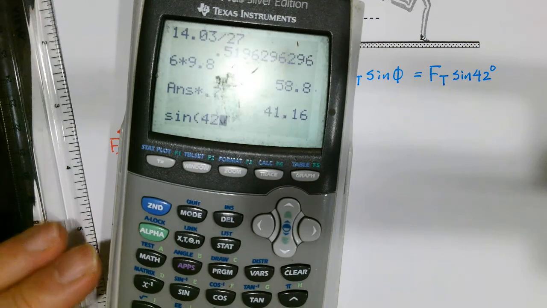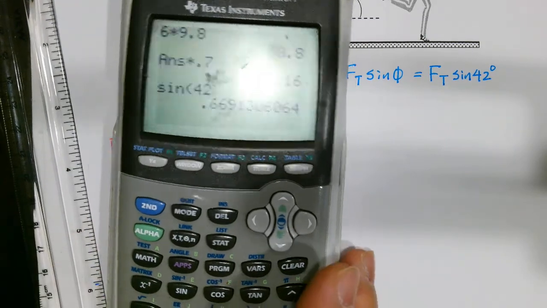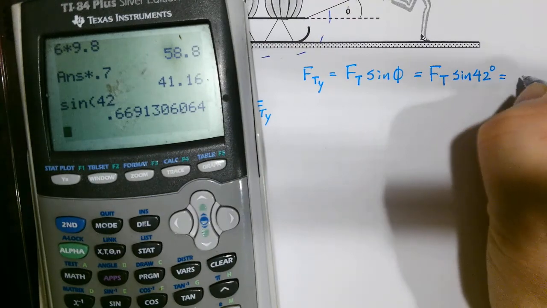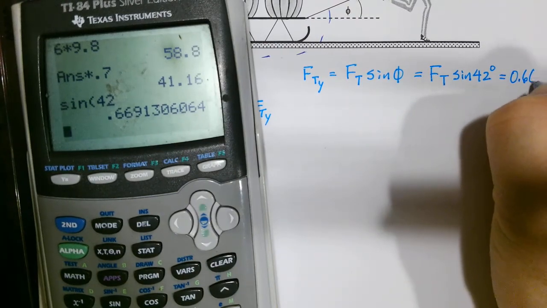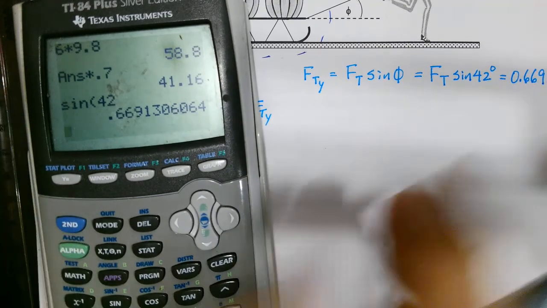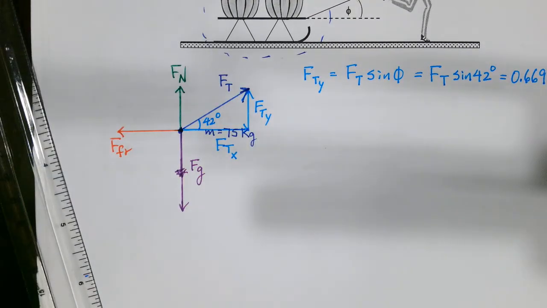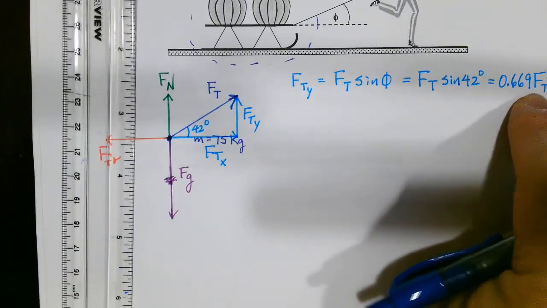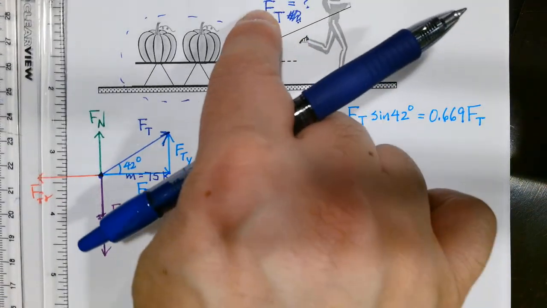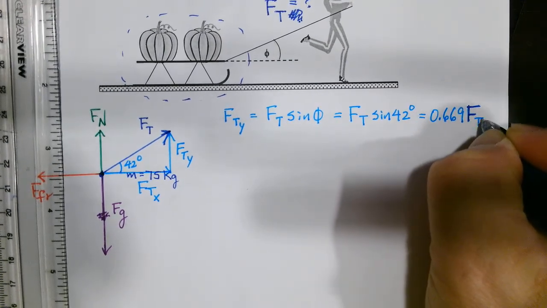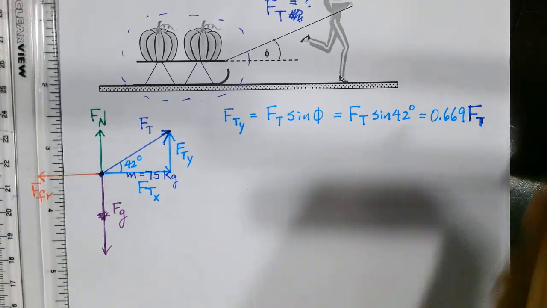Sine of 42 degrees comes out to 0.669. So this is equal to 0.669 F tension. Okay, so this can be, I guess, that darker navy blue.